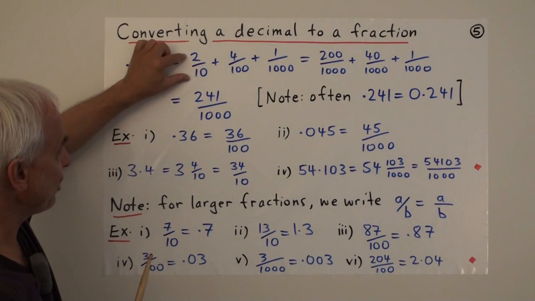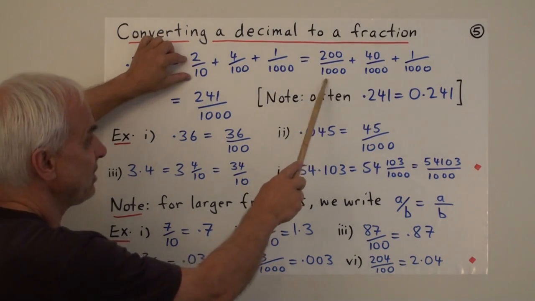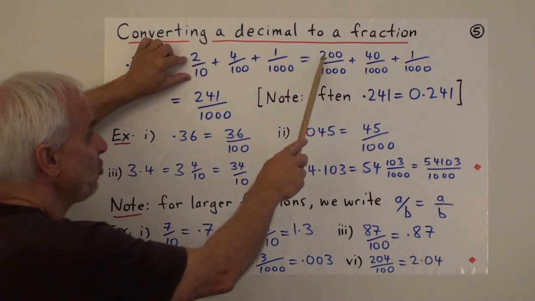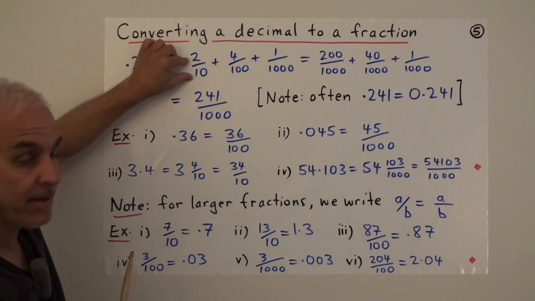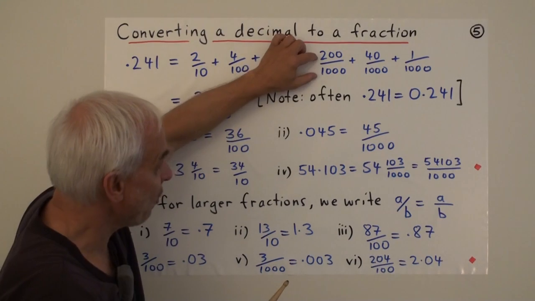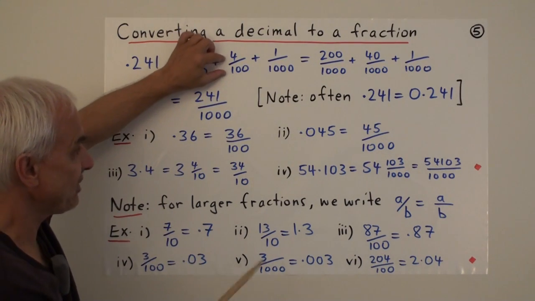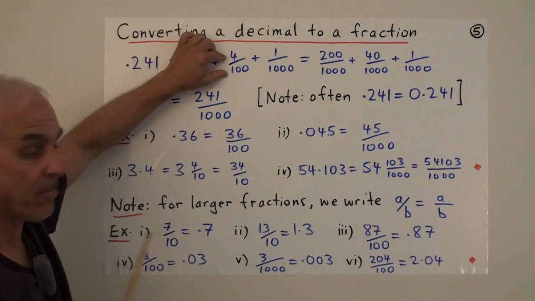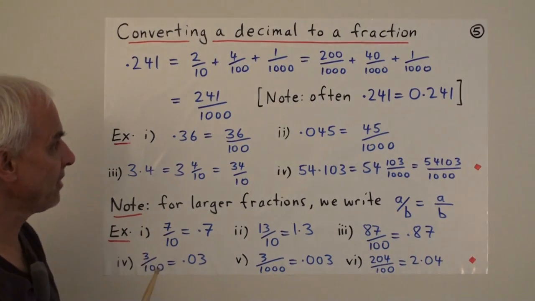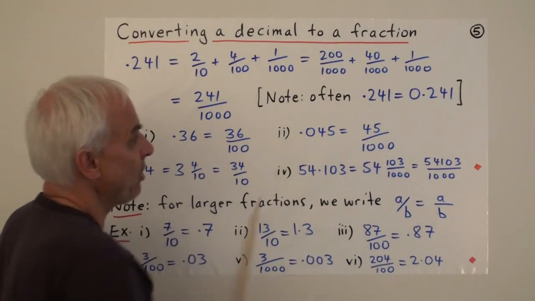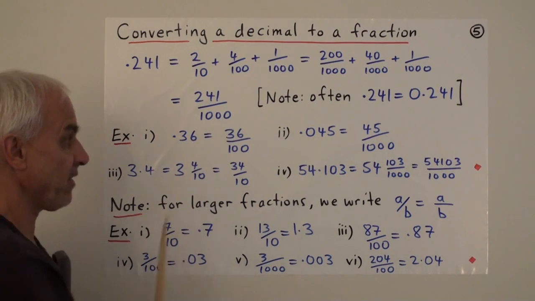When we multiply top and bottom here by 100, we get 1000 in the denominator and 200 in the numerator. So 2 over 10 is the same as 200 over 1000. When we convert 4 over 100 to something over 1000, we have to multiply top and bottom by 10, giving us 40 over 1000. When we add these now, because the denominators are the same, we get 241 over 1000.